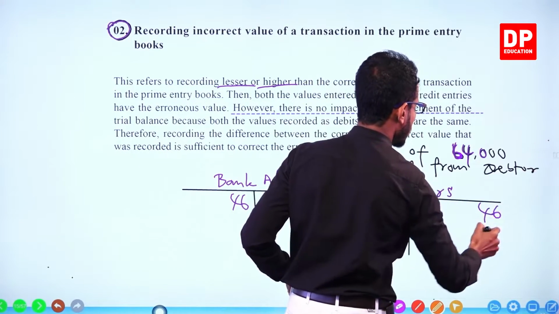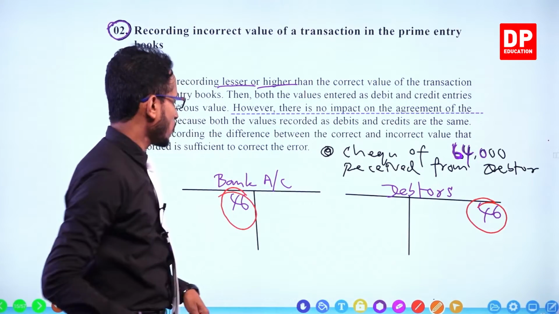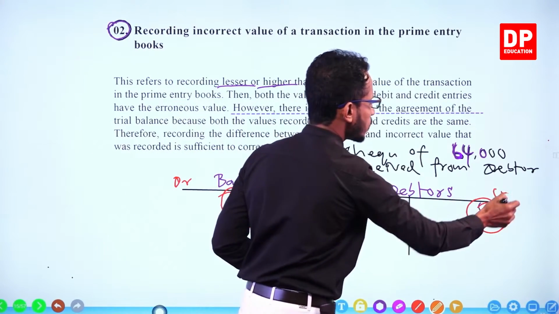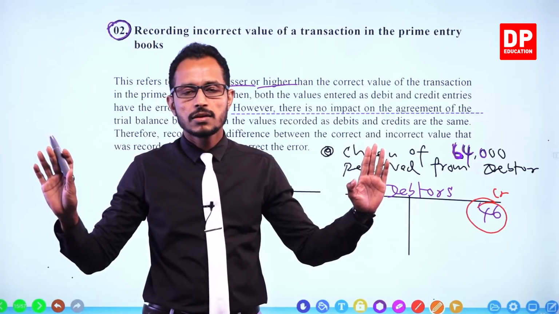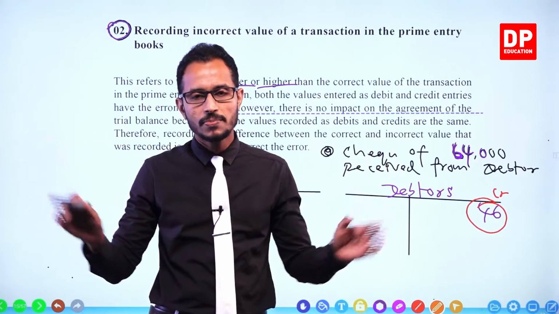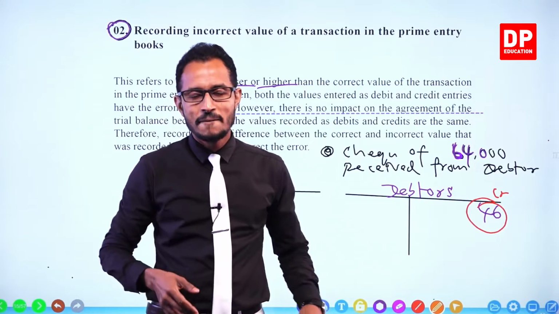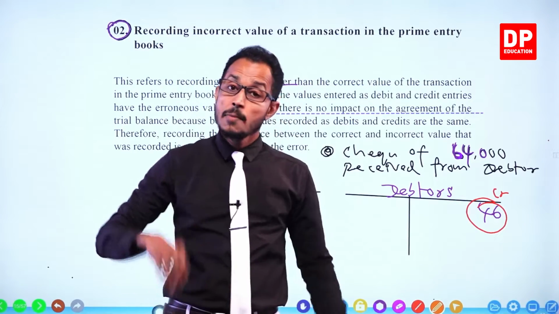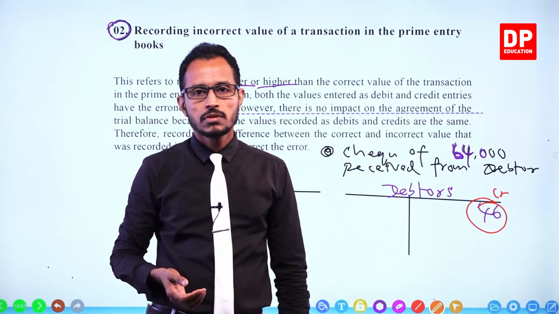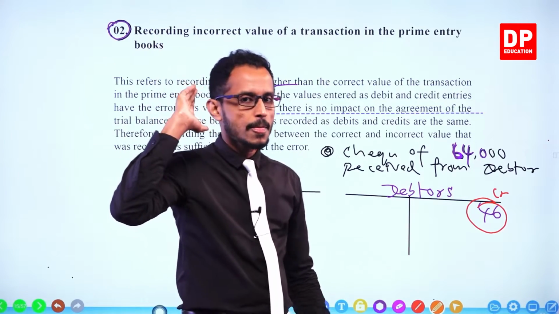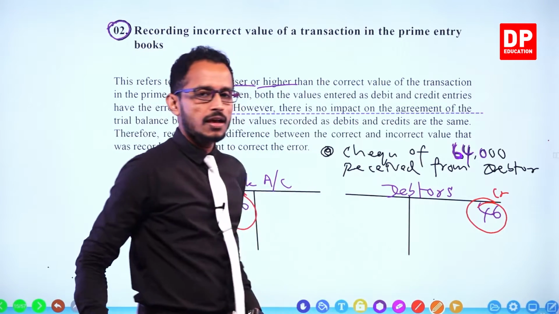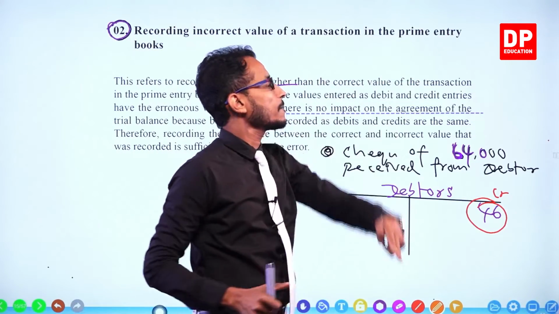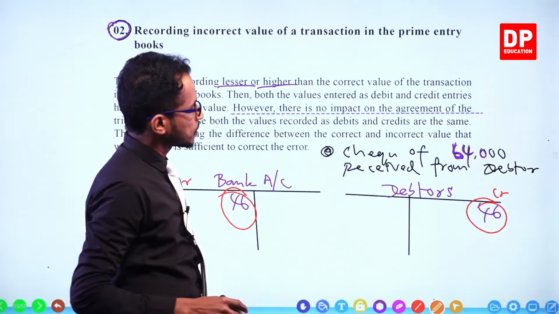But children, debited value is also 46, credited value is also 46. So for the debit total and credit total, there is no problem. The totals balance. The trial balance balances, because the same amount is debited and the same amount is credited. Amount is wrong. These errors are called entering incorrect value in the prime entry books and the ledger accounts.